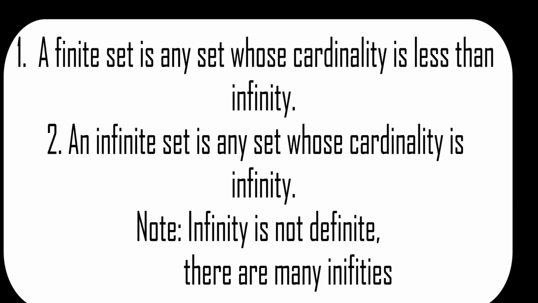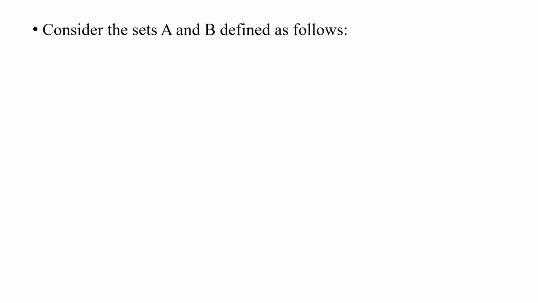There are many infinities. Consider the sets A and B defined as follows. A is the set of all x such that x is a natural number, where x is greater than or equal to 1, but less than or equal to 5.